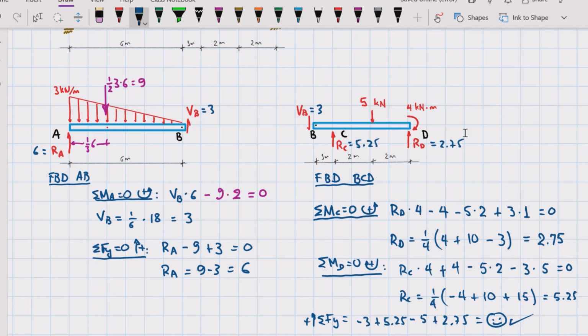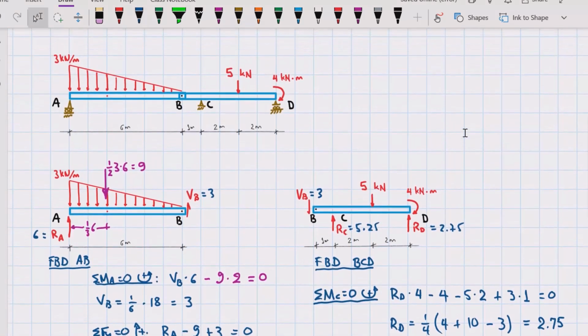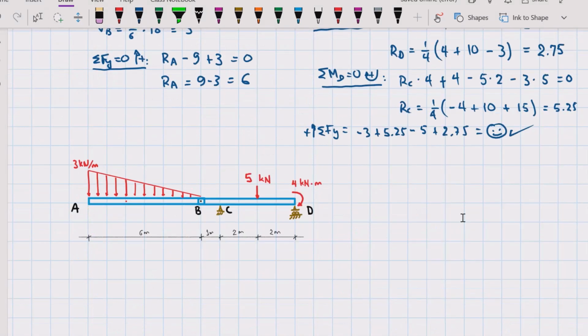Okay, great. So let's put all our stuff. We have all the reactions already. So let's put all our reactions here on the original diagram. Let's make a copy down here. A, 6. C, oops, C here.